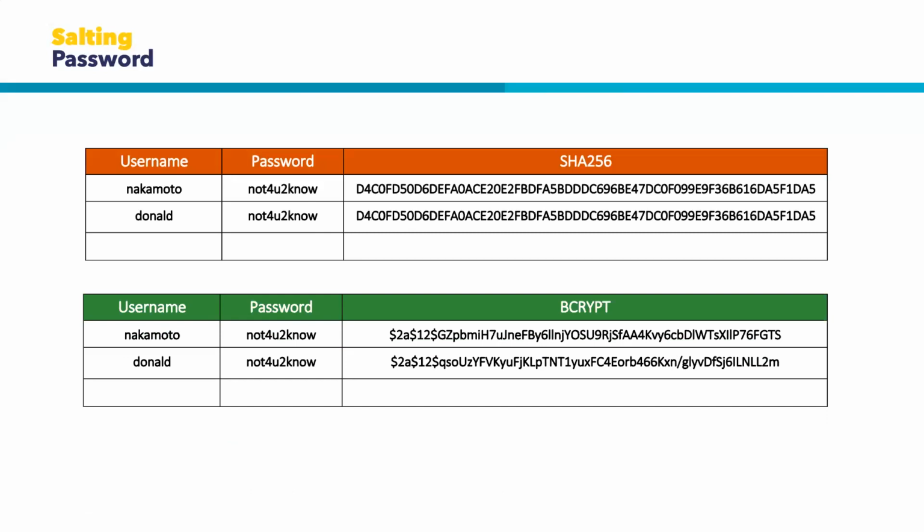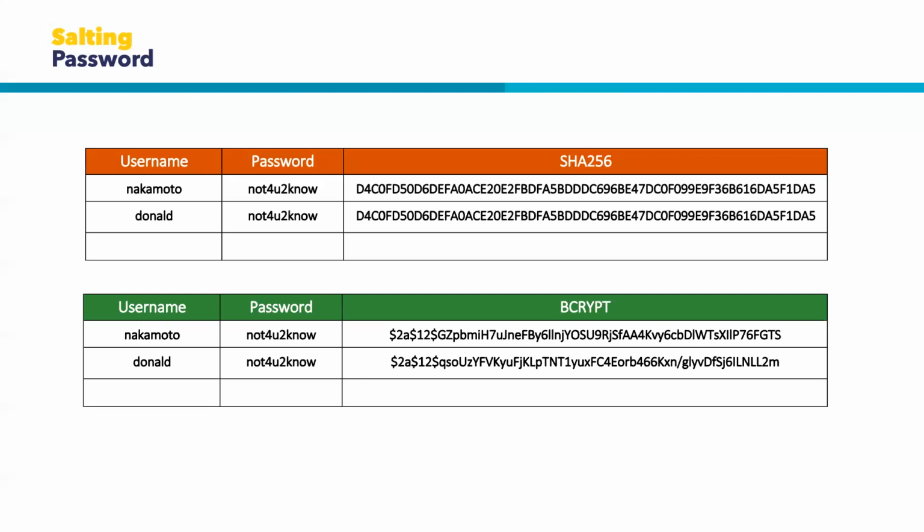So it not only hides the password, it also eliminates the possibility of giving the attacker the idea that they have the same password or not. Even if they have the same password, it generates a different hash. So it will avoid giving the attacker an idea of the same password.